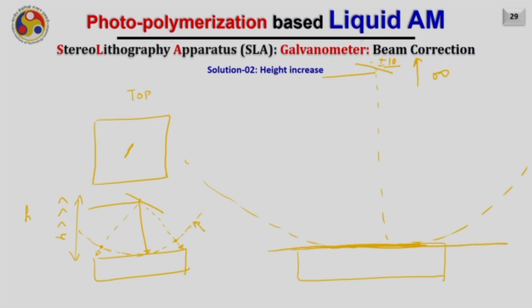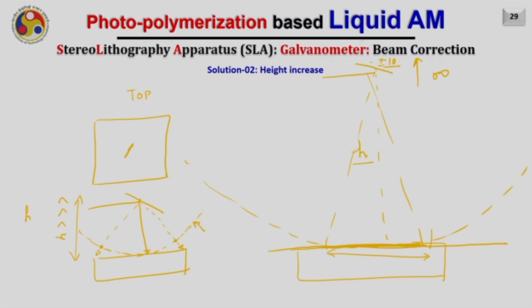So approximately, if you use a very large height, you can really achieve approximately perpendicular incidence of the beam, and the focal point will also lie approximately on this flat surface. That is another reason why 3D printers are very tall.